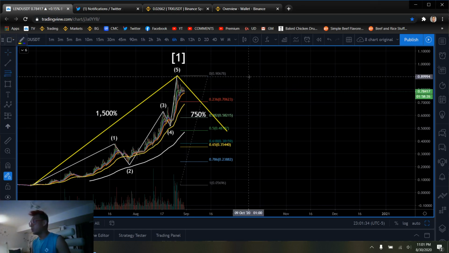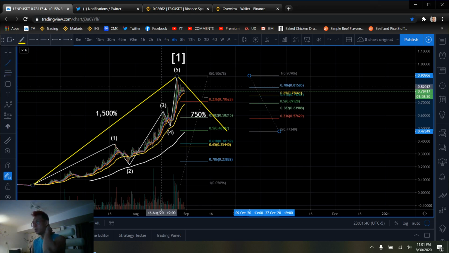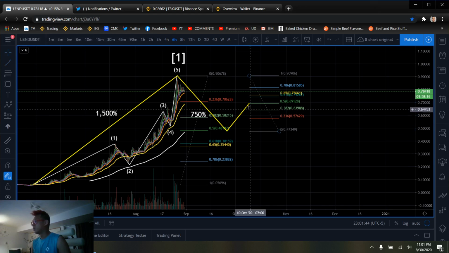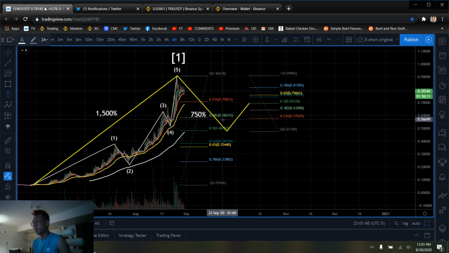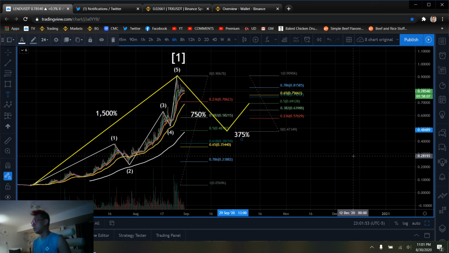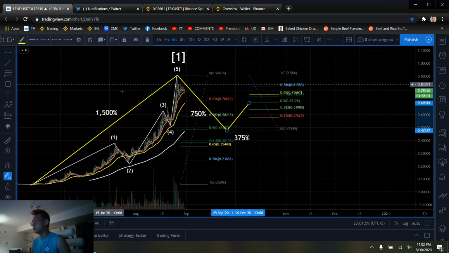And then now, you take the retracement of just this range. Okay, this range again, right there. And let's just say it goes up to 0.5. Right? That means that it's going up 50% of 375, which is what? Right? 375%. So each move, each consolidation, can get smaller and smaller.